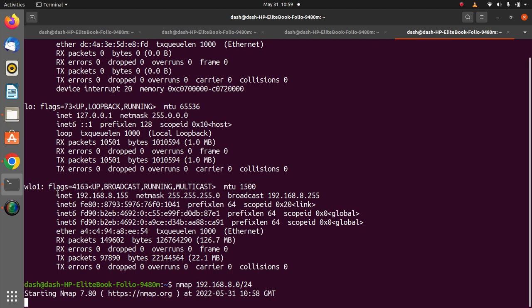I need you to understand that in man in the middle attack, the attacker stays in between the victim system and the router. Every request the victim makes to the router is being intercepted by the attacker system.